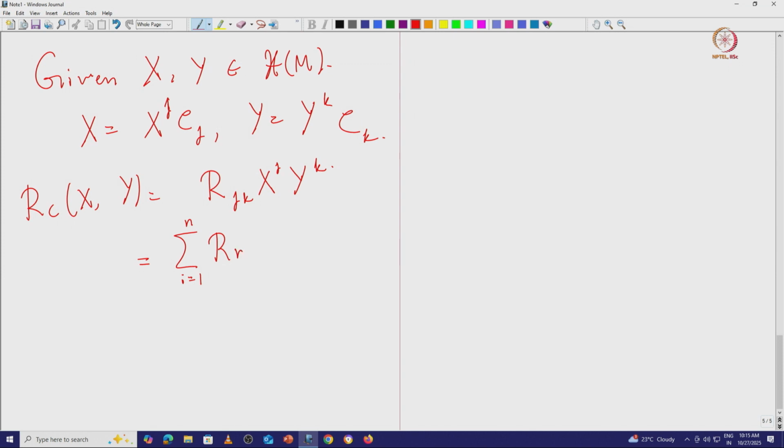R_jk is simply Rm(E_i, E_j, E_k, E_i), and this whole thing multiplied by x^j y^k, where you also now sum over j and k, but that is the same thing as summation i going from 1 to n by multilinearity of the curvature tensor.